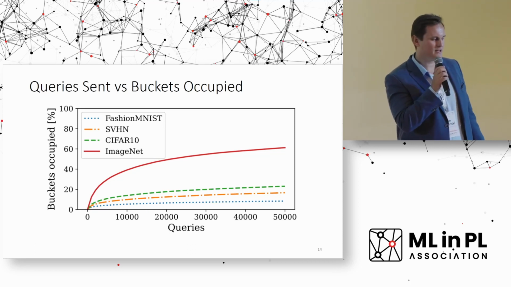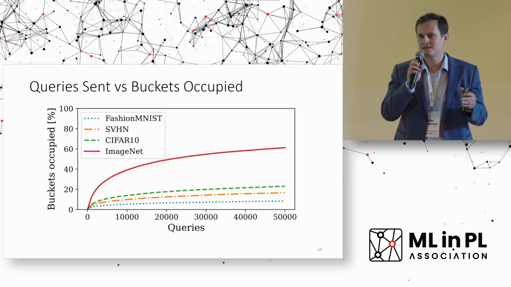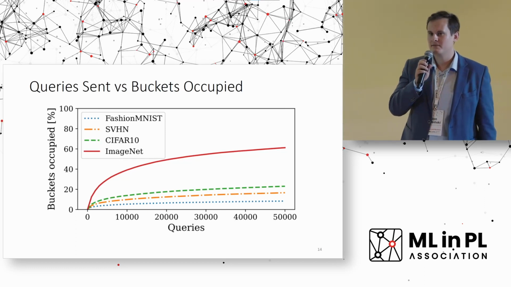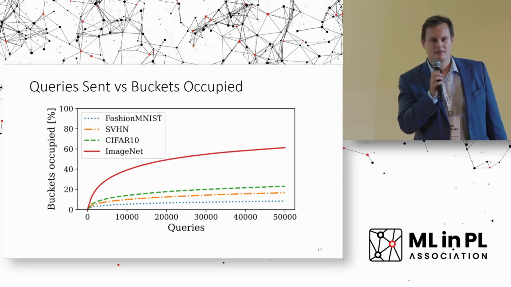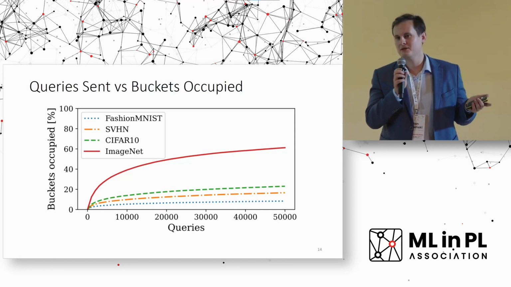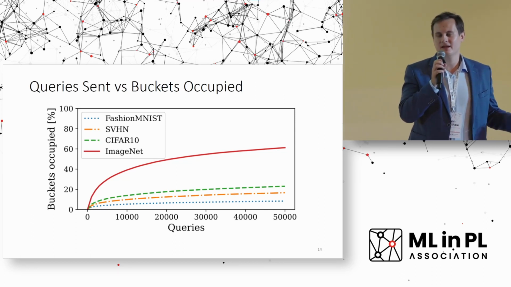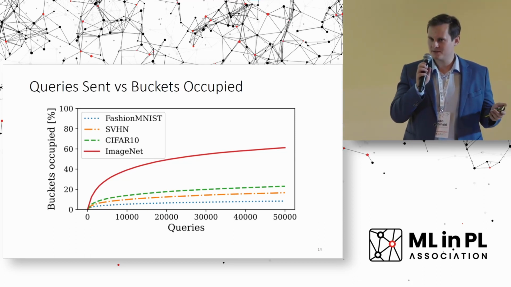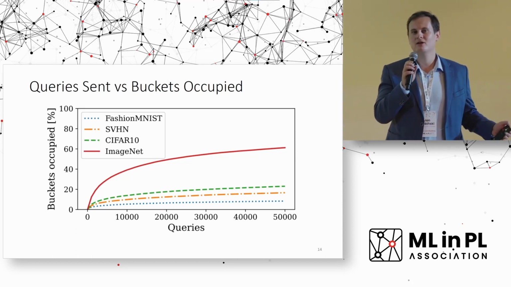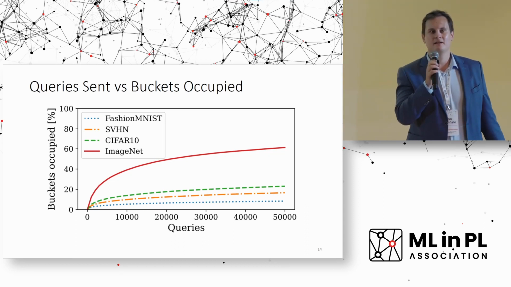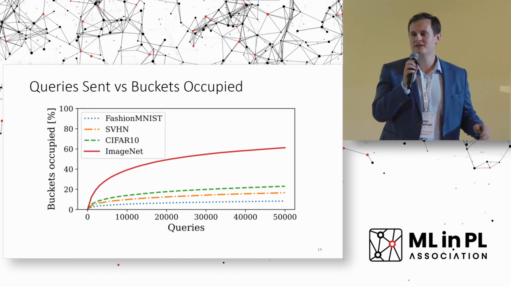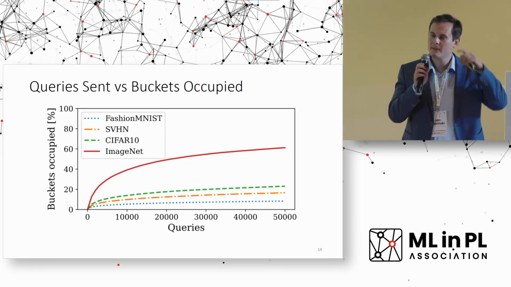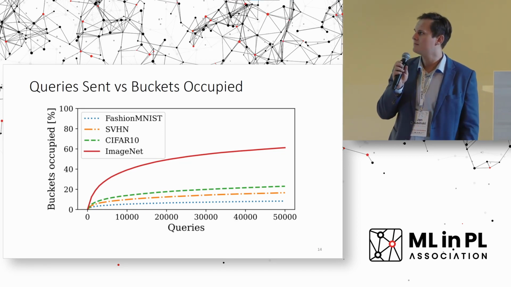You can see that the number of buckets rises with the number of queries, but then it saturates. However, this model was trained on ImageNet, and querying from the entire ImageNet dataset, which could be used to train a stolen copy, results in a steadily increasing number of buckets, which is much higher than for legitimate users.